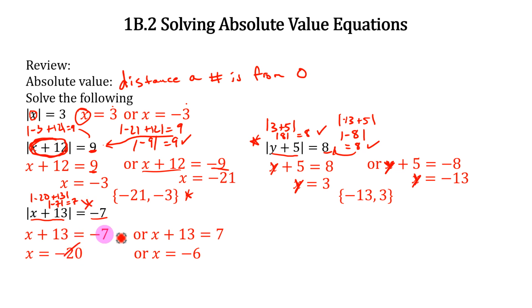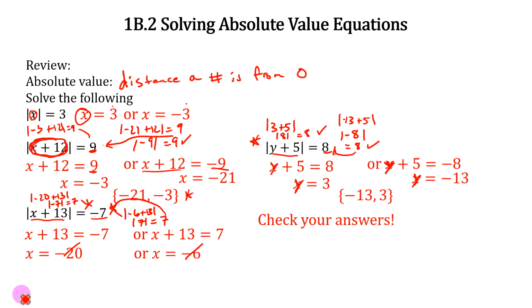So this one's out, because we have to check our answers. So let's check negative 6 plus 13, which is 7. And the absolute value of 7 is positive 7, not negative 7. So that one's also out.